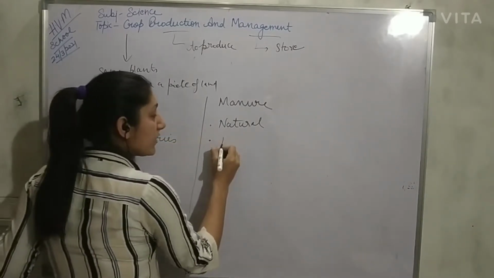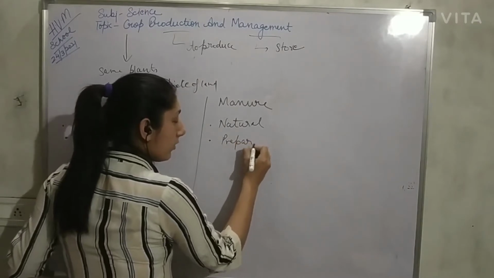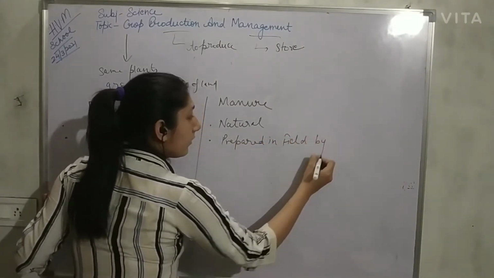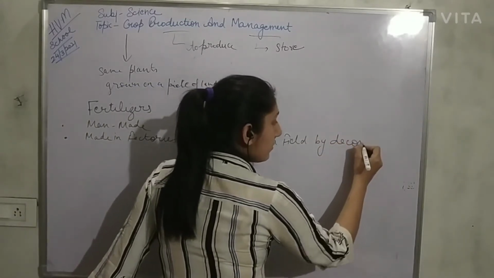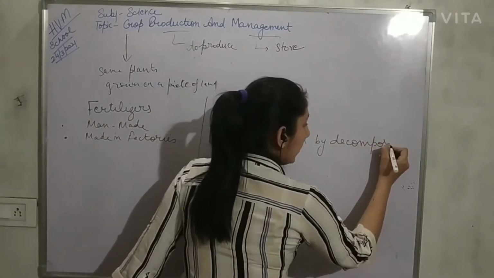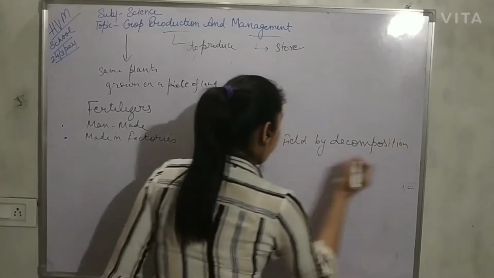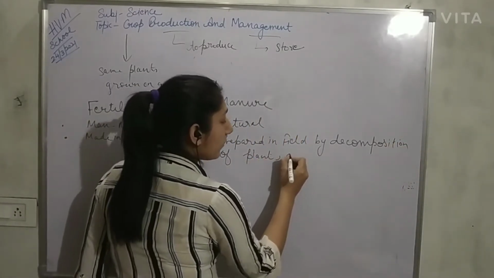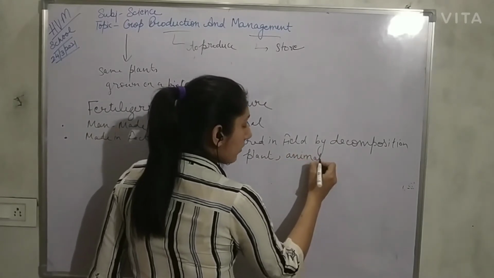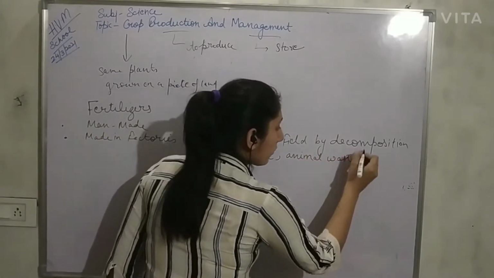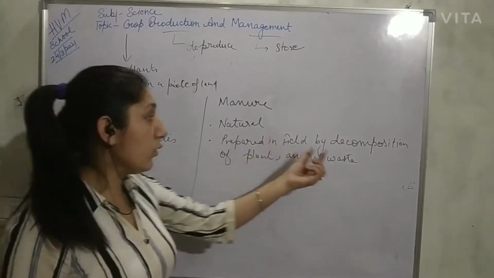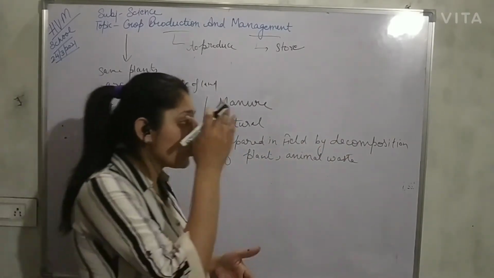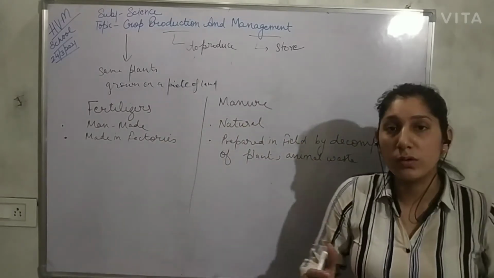And manure is prepared in fields by decomposition of plant waste and animal waste. So here a new word has come, decomposition. Decomposition means to break down.